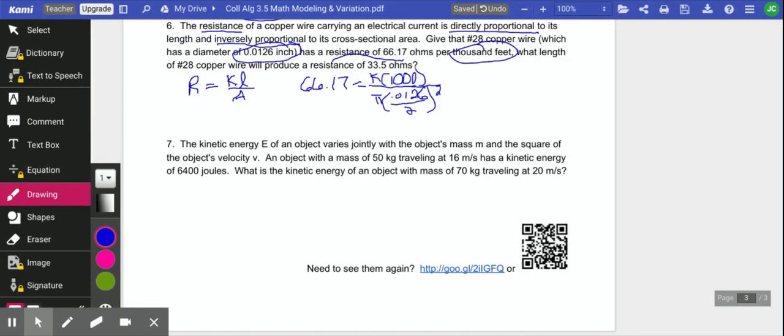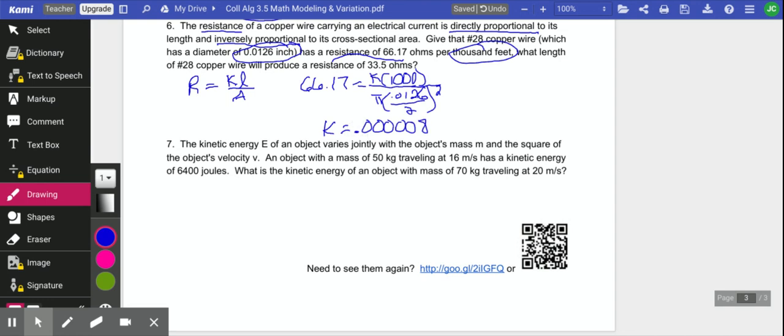Okay, so now that we've plugged everything in, we need to solve this for K. So we're going to multiply both sides by the denominator. I'm not going to write out all this work because my handwriting's terrible today. So we'll do 66.17 times pi times parentheses 0.0126 divided by 2 squared, and then you'll divide both sides by 1,000. So when you do that, we get K equals, it's a lot of zeros, 5 zeros, 1, 2, 3, 4, 5, 8.